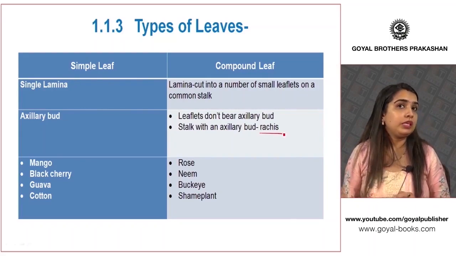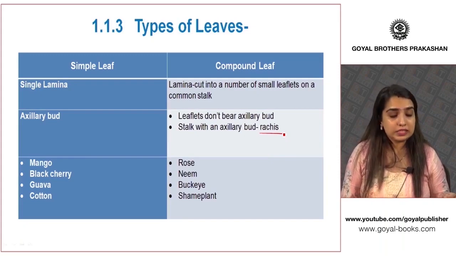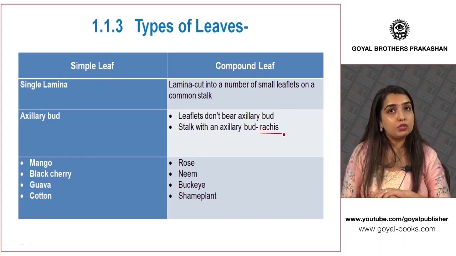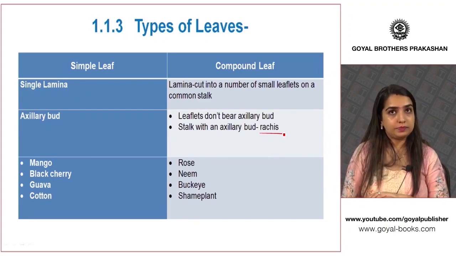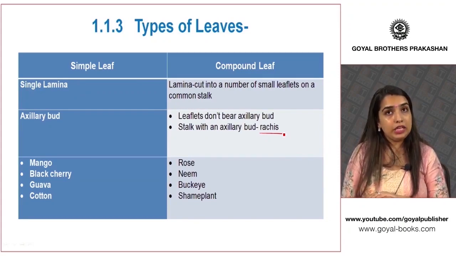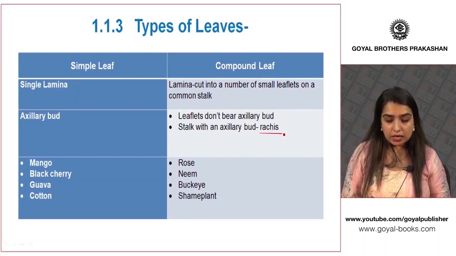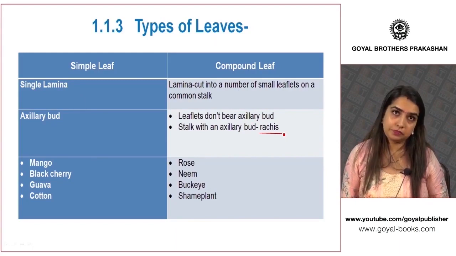Certain examples of these kinds of leaves are, under the simple one, we have mango, black cherry, guava and cotton. For compound leaves, the examples are rose, neem, buckeye and shame plant.